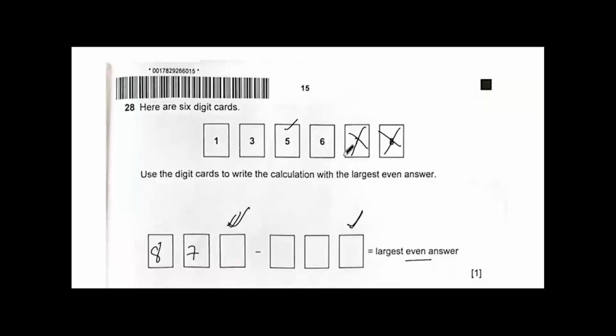Let me see the number I can put here for the even. For this place, I can never have 6 here. Why? Because if I have 6 here, if I take it away from 3, it will give me 3, that is even. If I take it away from 5, it will give me 1, which is odd.